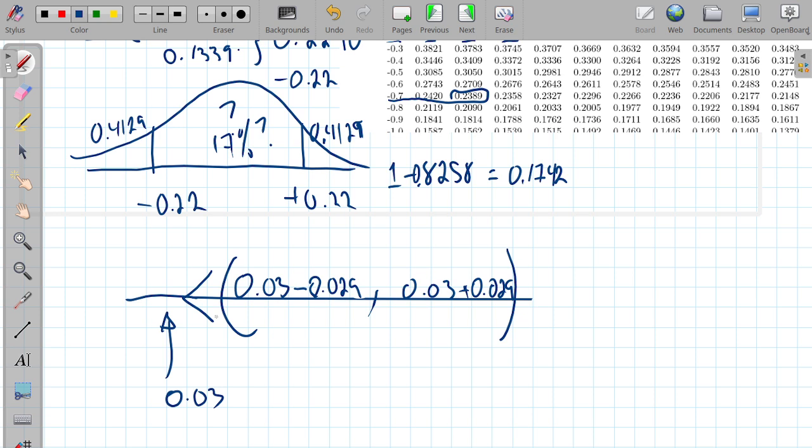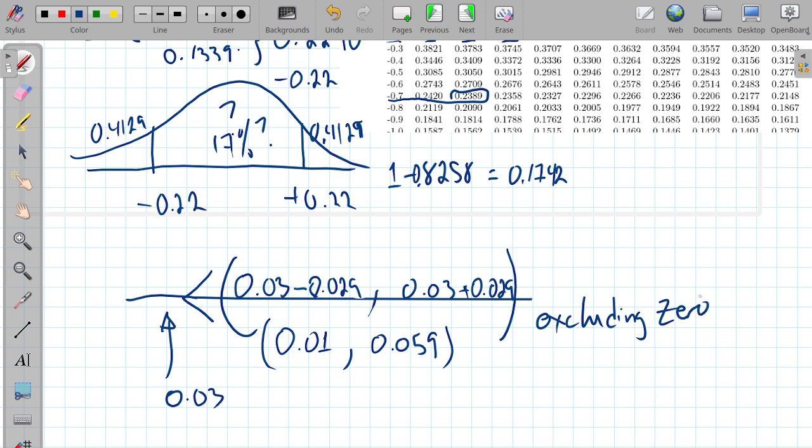Now, that means this works out to a lower bound of 0.001 and an upper bound of 0.059. So with this in mind, now the interval is entirely greater than the measured difference. If I had it the other way around, so I had a negative, it would have been the same thing. The point is I've now excluded 0. And that means we do have a significant difference.